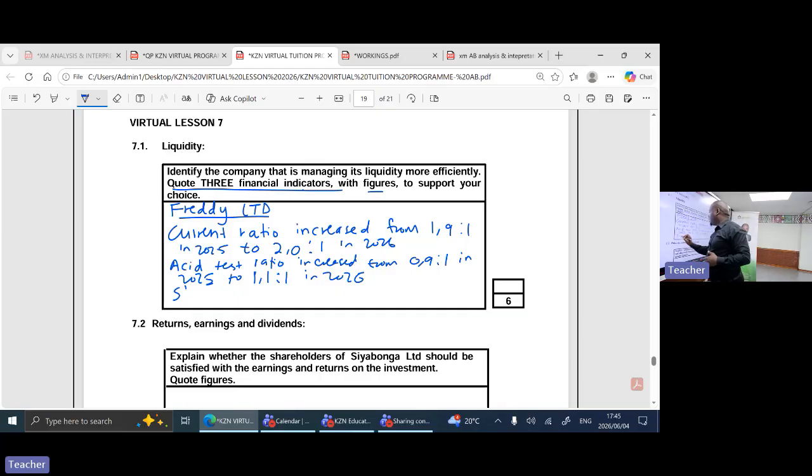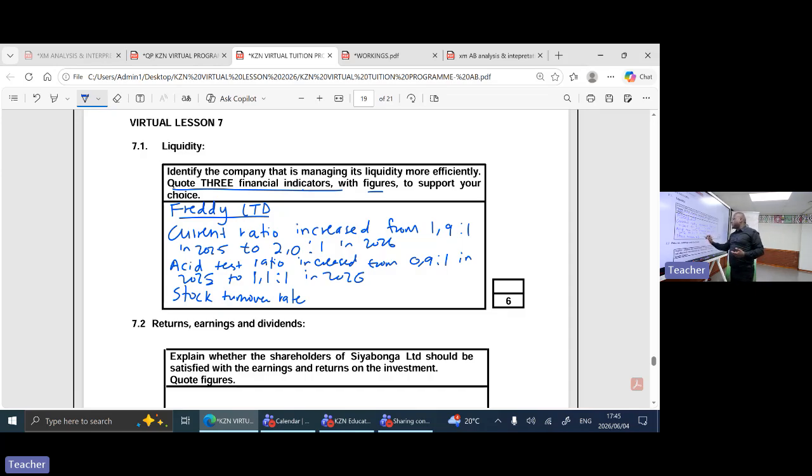So stock turnover rate, which I mentioned earlier, shows the number of times we have changed our stock. If the number of times has increased, it means we are selling. We keep on going back to the supermarkets, to the warehouse, to buy more stock for the business.